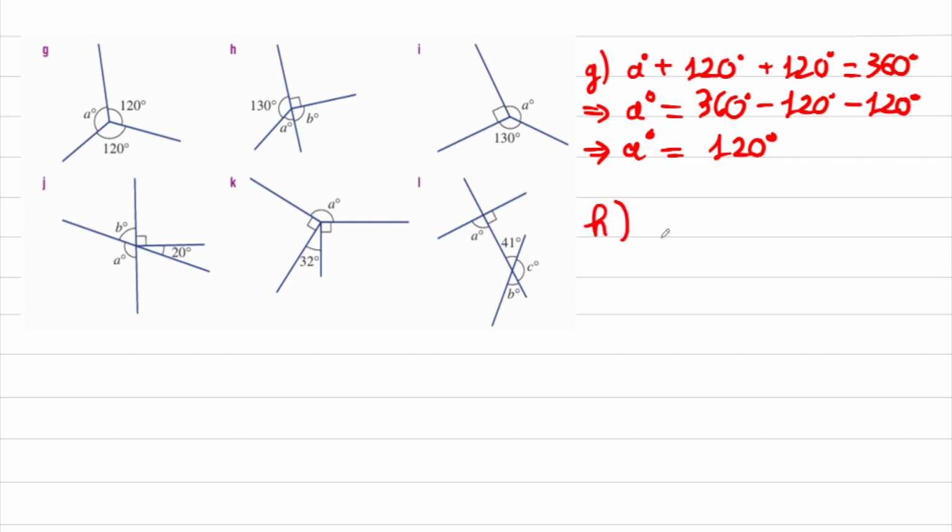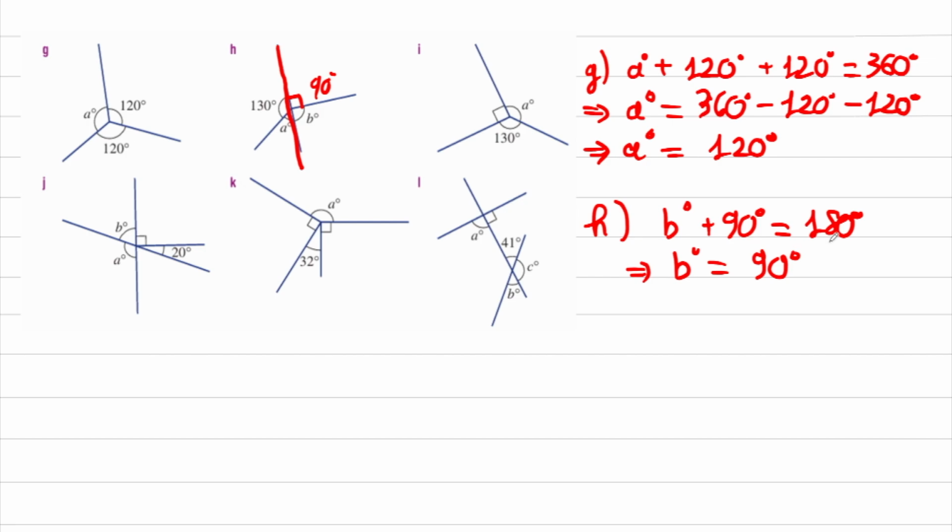Question H, you have the revolution. Yes, you have the revolution, but about this one, I can figure out very easily for B because you got this 90 degree and B here make a straight line. It means B plus 90 degree equal to 180 like this. So B degree equal to 90 degree.